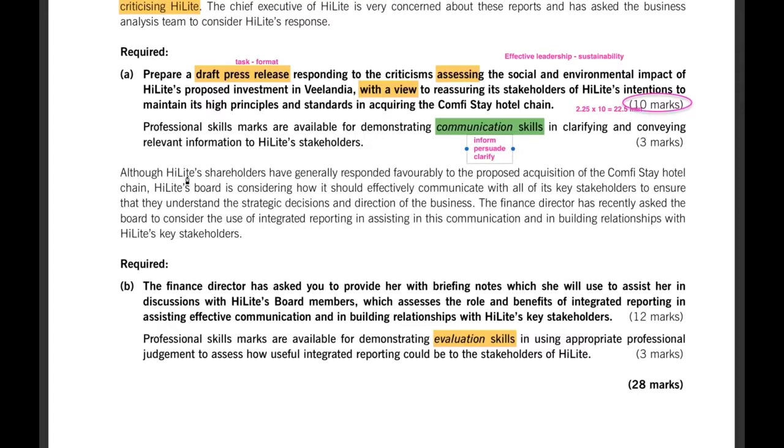Although Highlights shareholders have generally responded favorably to the proposed acquisition of the country's stay hotel chain, Highlights Board is considering how it should effectively communicate with all its key stakeholders to ensure that they understand the strategic decisions.